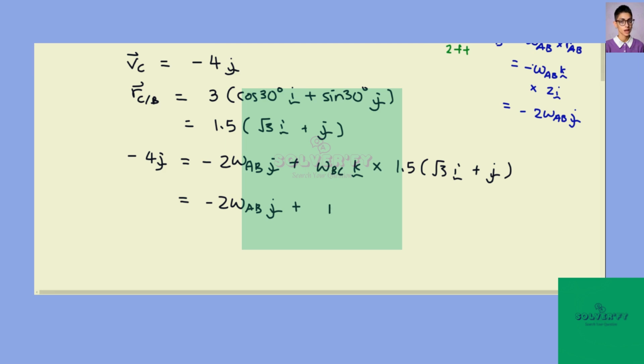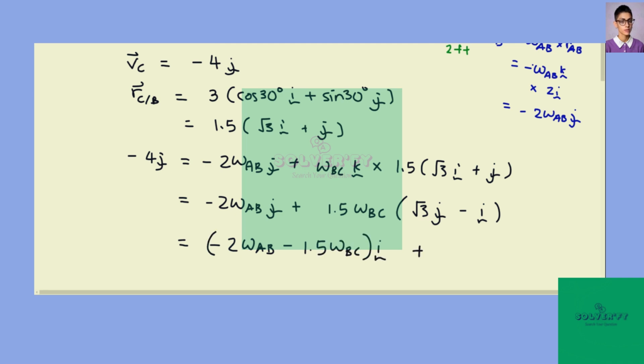K cross I gives us J, and then K cross J gives us minus I. So we have minus 2 omega AB minus 1.5 omega BC I plus 1.5 root 3 omega BC J. And then the left hand side is just minus 4J.